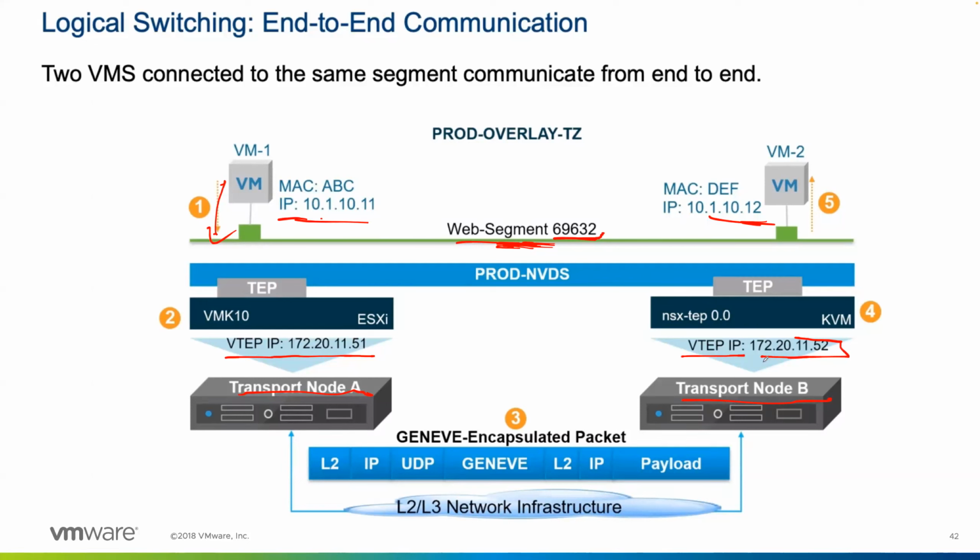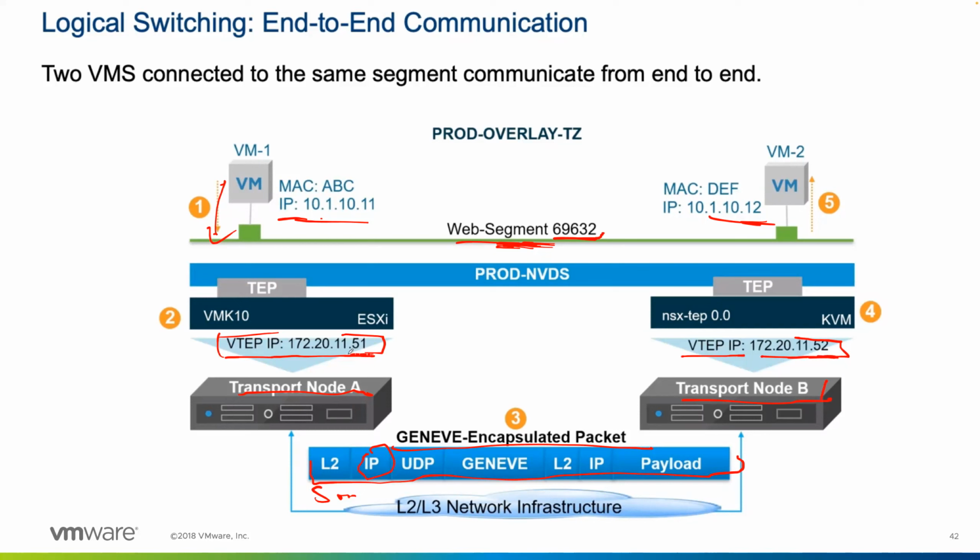In order to transfer the packet to the destination, they have to do the Geneve encapsulation, so they create a Geneve tunnel encapsulation. Looking at the Geneve encapsulation, the source IP is the VTEP IP of transport node A, and the destination IP is the VTEP IP of transport node B, which is 1152.